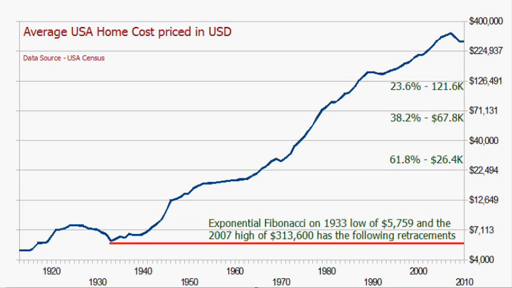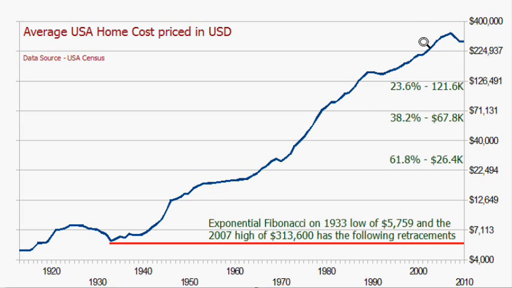Therefore, if it retraces 23.6%, it would have to come back down to roughly $120,000. For this chart to stay in a bull market, house prices need to remain above $68,000. And of course this is going to happen, because it would be a massive drop.